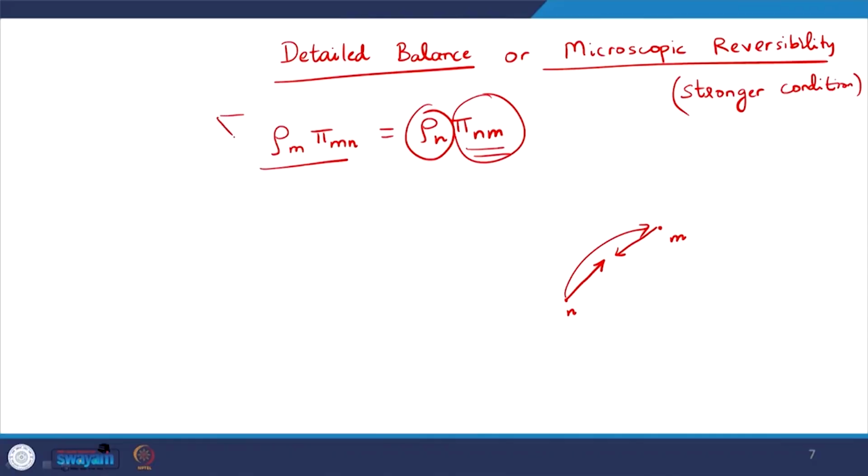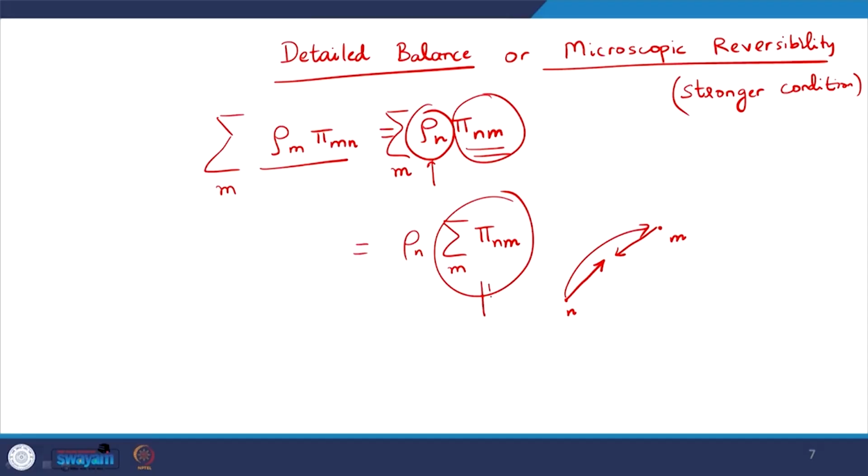So, let us say for example, if I sum both sides over m here, on the right hand side rho n does not depend on m, so I can move that to the other side. So, we have rho n sum over m pi n m, and what is that? I am basically adding the transition probability of starting from state n and going to every other possible state. So, m is a sum over every possible state. So, pi n m must sum to 1, because from state n I can only go to the available state space.